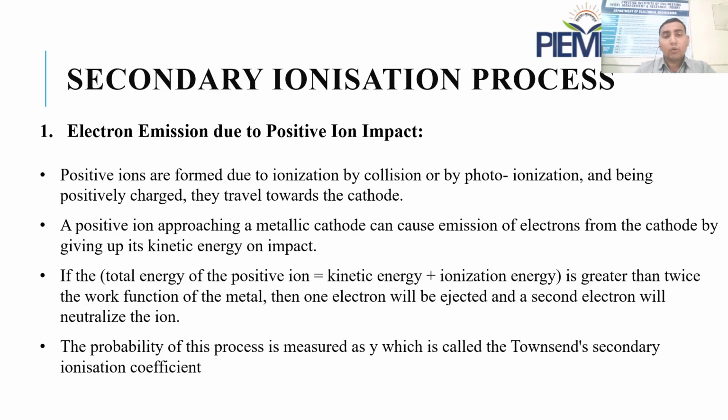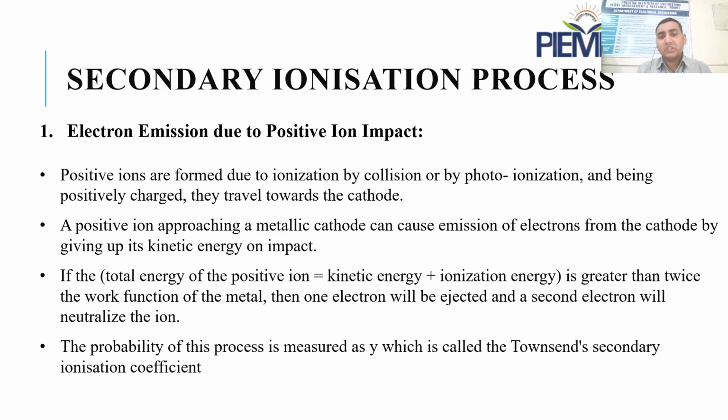First is electron emission due to positive ion impact, where positive ions formed by ionization by collision travel to the cathode. Whenever these positive ions approach the metal cathode, they can cause emission of electrons from the cathode, giving kinetic energy by impact.